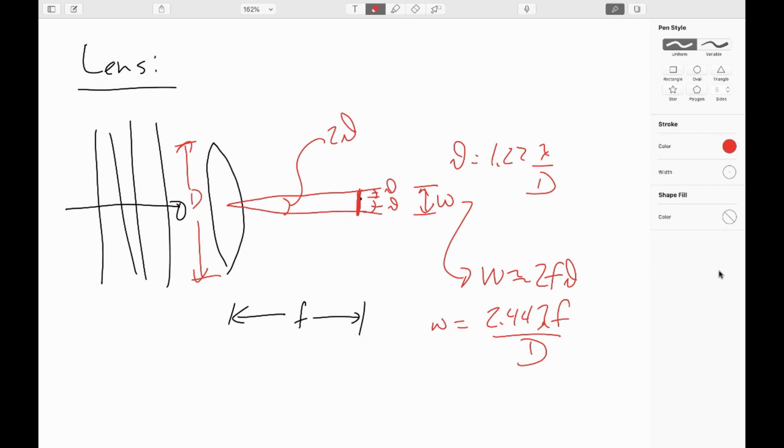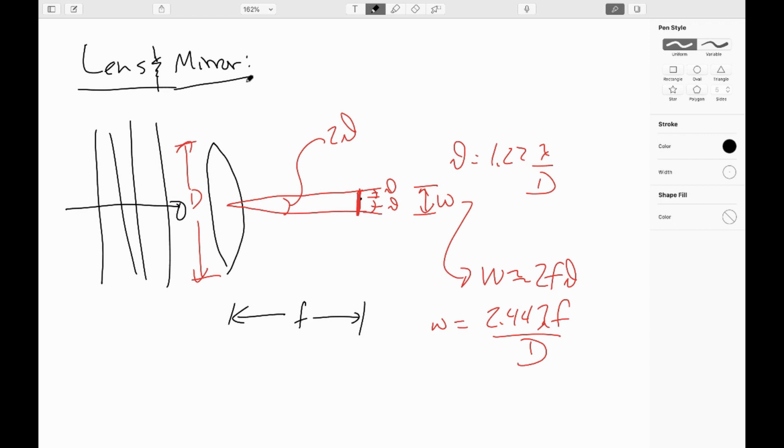And the same analysis works for mirrors. So the moral of the story here is that, for instance, with a telescope, I had alluded earlier that the most important thing was having a large diameter telescope, because you could get whatever magnification you wanted by dropping in whatever focal length eyepiece hit your fancy.